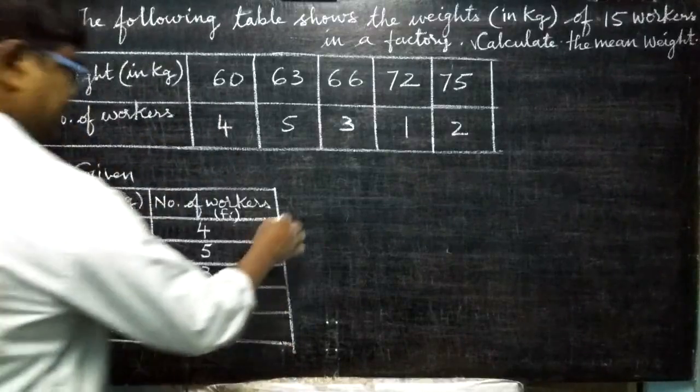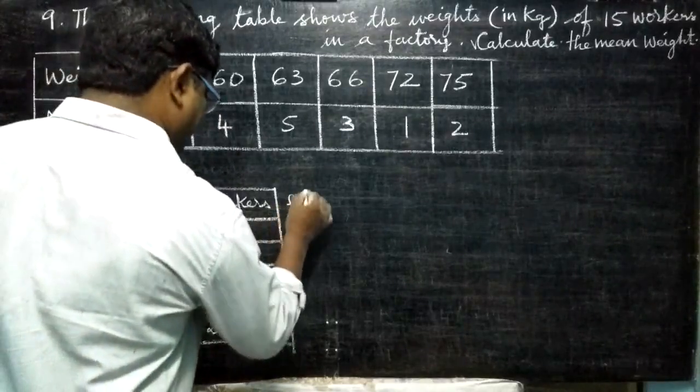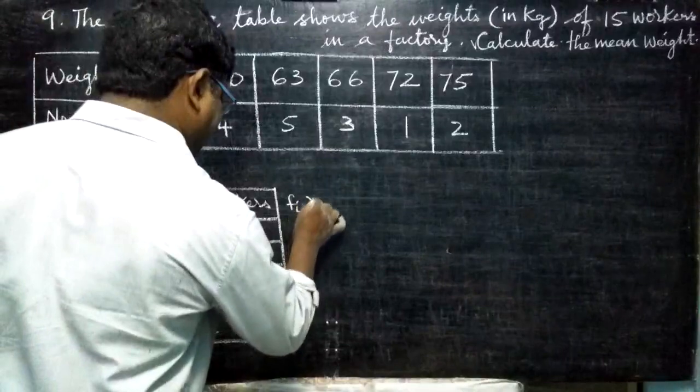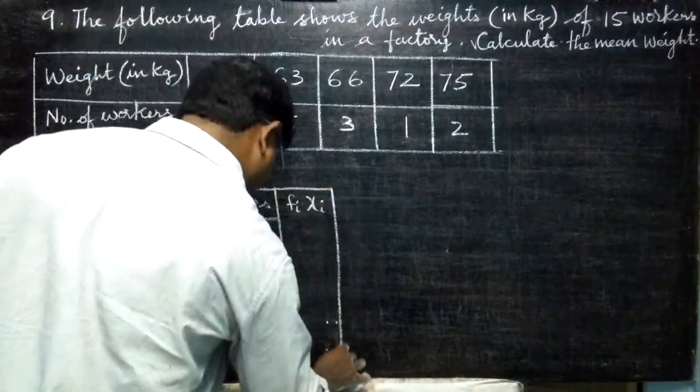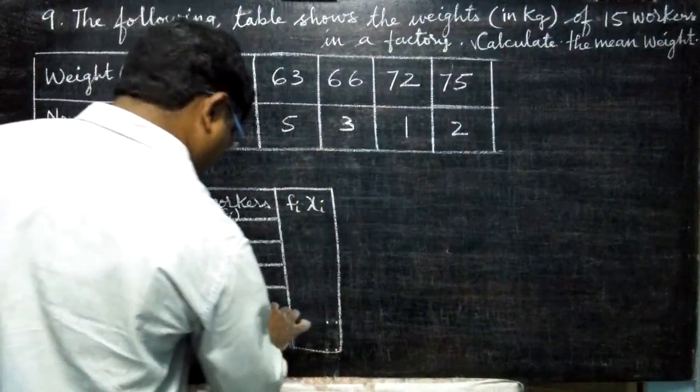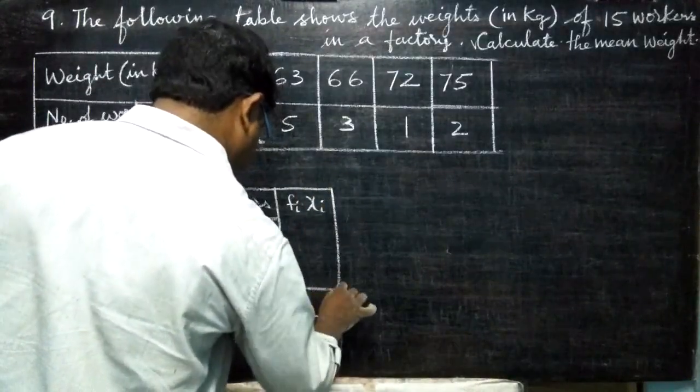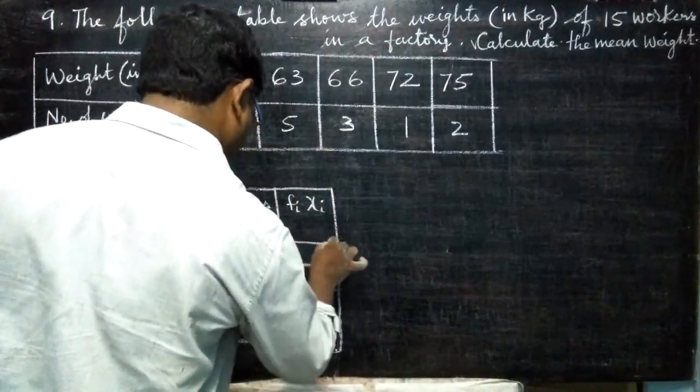Now the third column, we are going to multiply fi into xi. Be careful in multiplying.